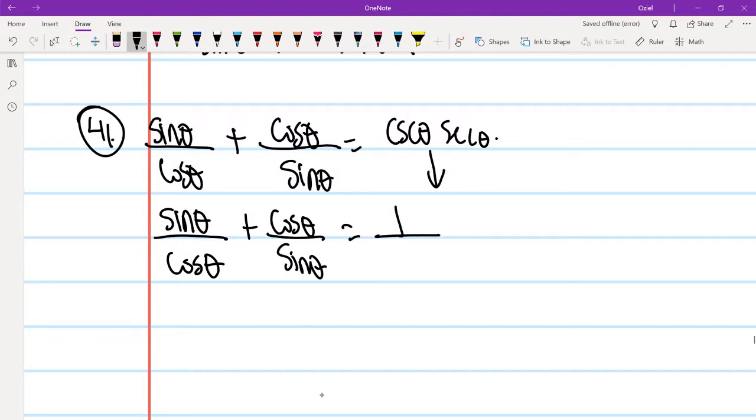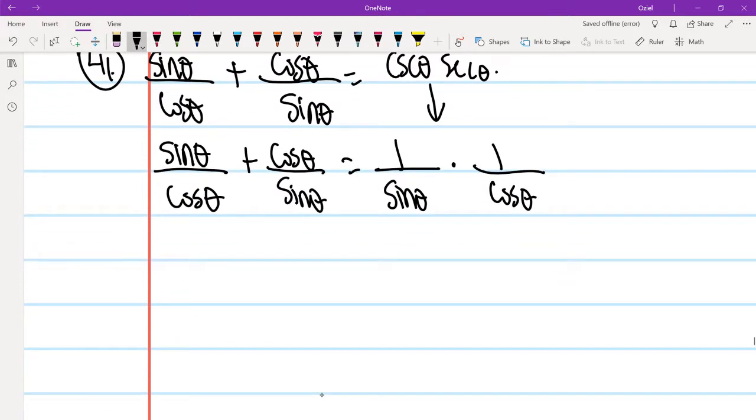So we say that cosecant of theta times secant of theta equals 1 over sine of theta times 1 over cosine of theta. So then we would say sine of theta over cosine of theta plus cosine of theta over sine of theta equals 1 over sine of theta times 1 over cosine of theta.